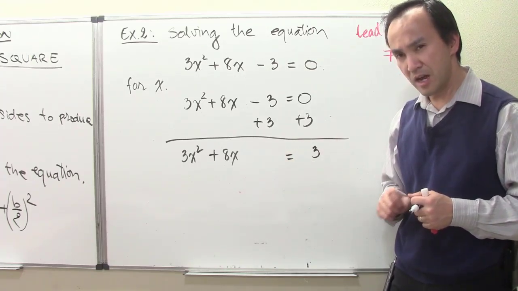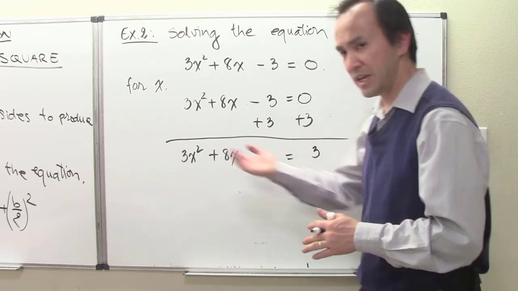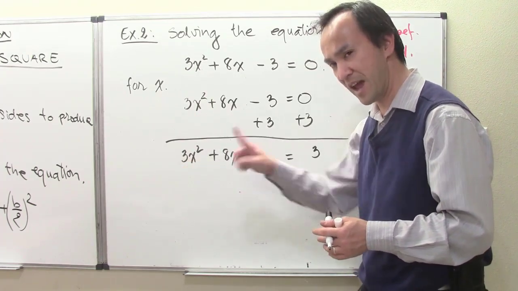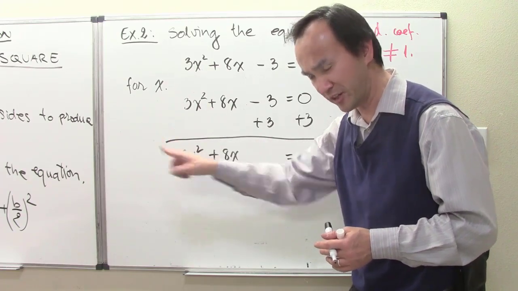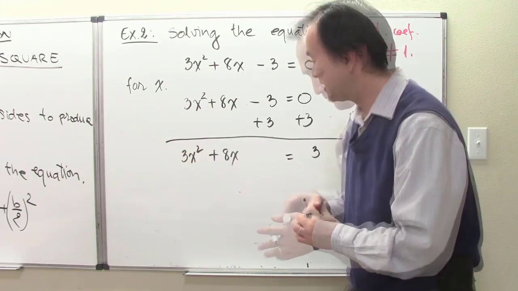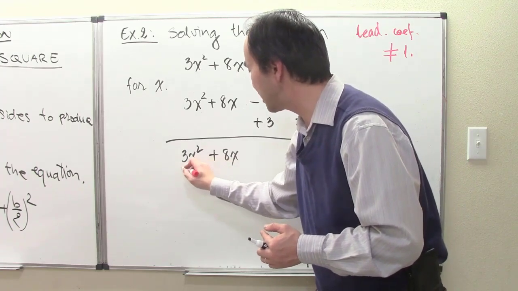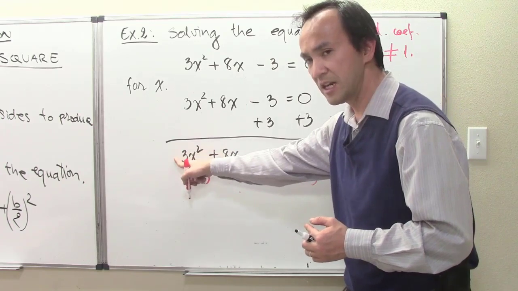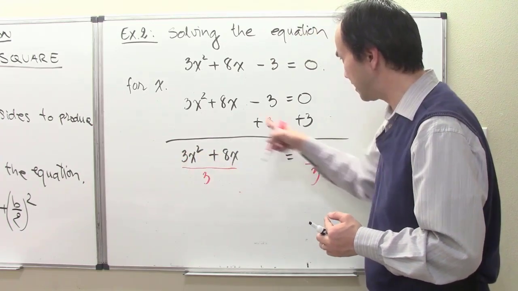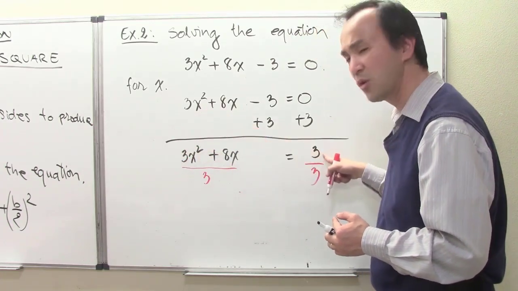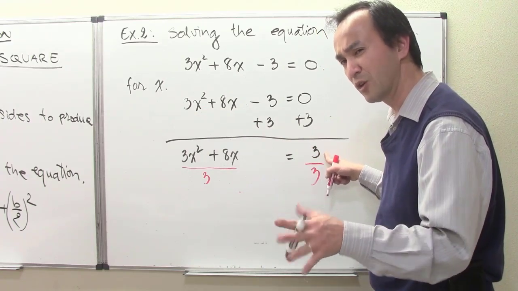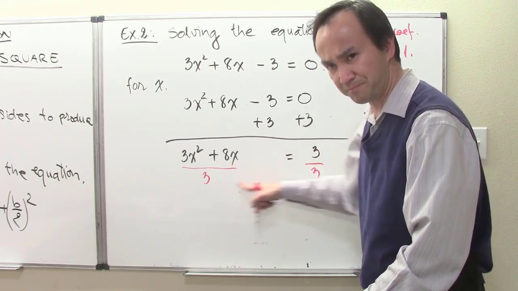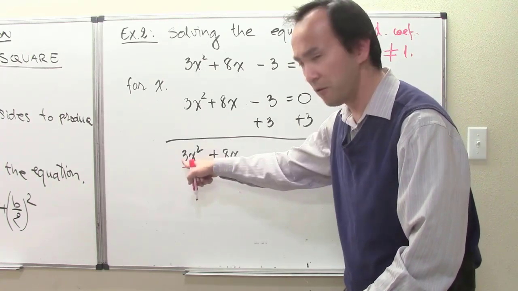But now the extra step, before we go into the second step of adding the magic number. I am going to divide both sides by the leading coefficient. It happens to equal the number on the right hand side, making it a little hard to recognize, but the 3 I'm dividing both sides by really is the leading coefficient.